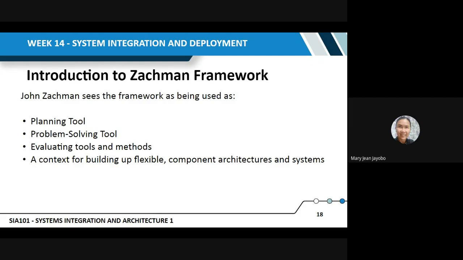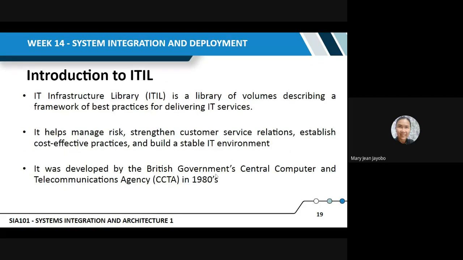Now, the IT Infrastructure Library is a library of volumes describing a framework of best practices for delivering IT services. So, meron tayong tinatawag na ITIL. And it has gone through several revisions in its history and currently comprises 5 books. So, each covering various processes and stages of the IT service life cycle.